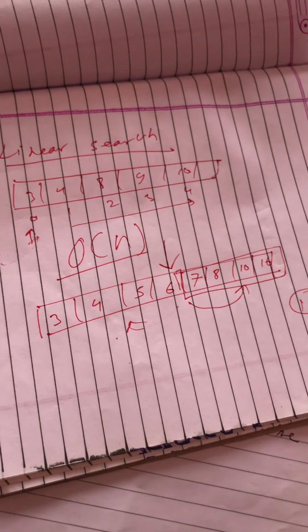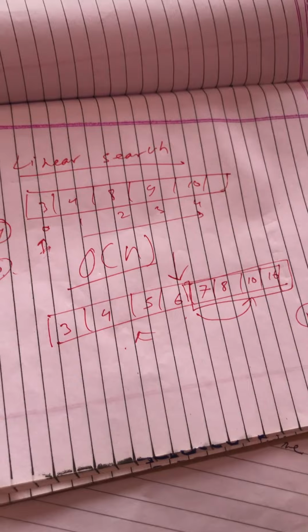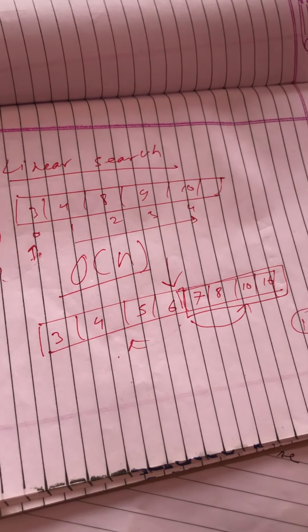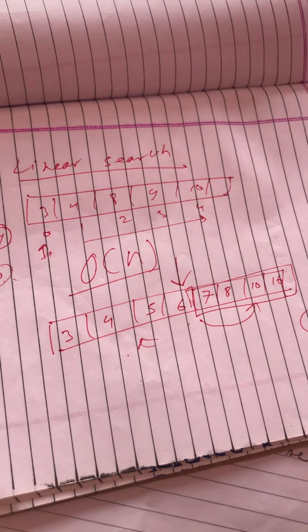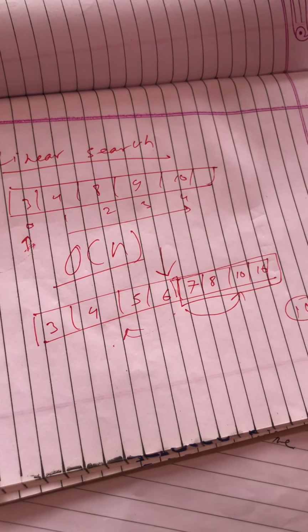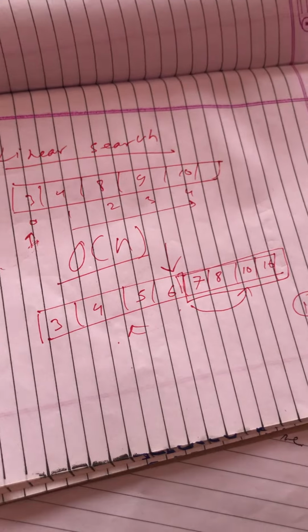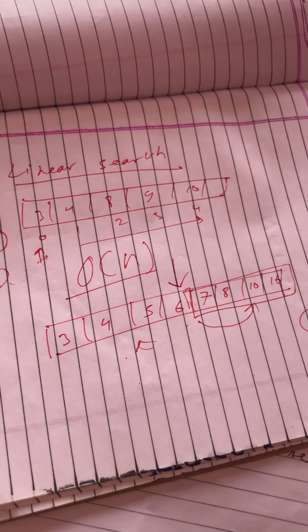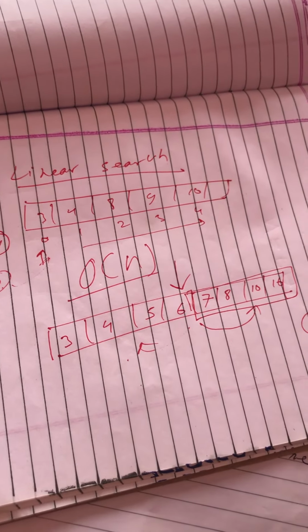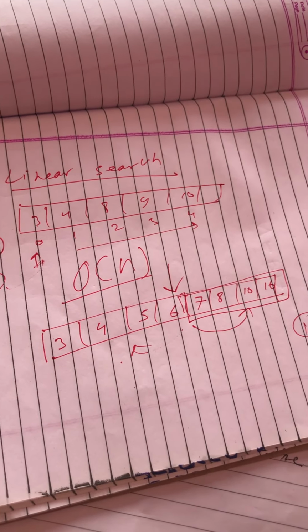And then similarly we search in the other part like the previous method. Now if the key value is equal to the mid value, then the search is complete. If it is less than the mid value, then the left side is taken.